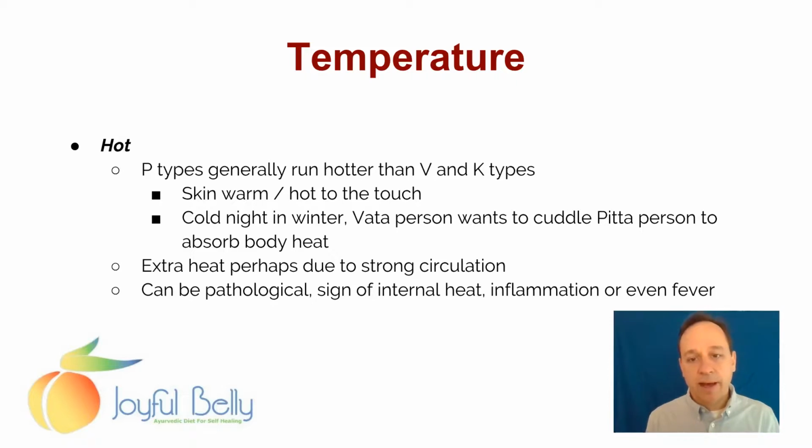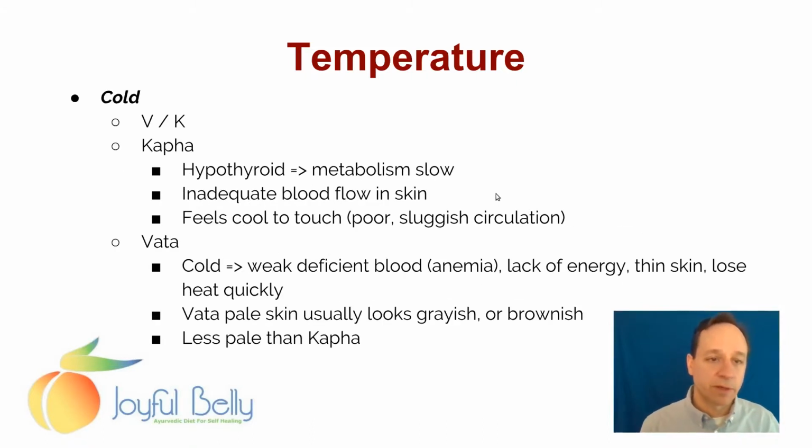One of them, high bilirubin levels in the blood can make a person's temperature go up a bit. That would be a sign that the liver is weak. And you'll see signs of yellowing in the skin if that's the case. So inflammation anywhere in the body could cause the skin temperature to rise. Even fever can cause an increase in skin temperature. So, we're going to look at some of those various causes.